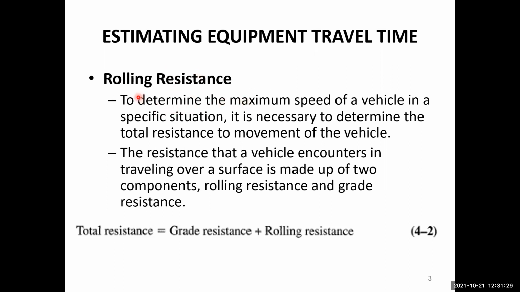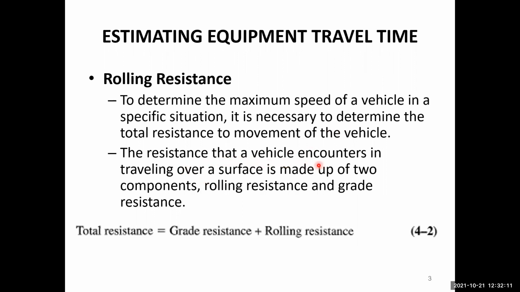To determine the maximum speed of a vehicle in a specific situation, it is necessary to determine the total resistance to movement of the vehicle. Normally these transports will not take place on very good quality paved highways, because construction operations normally take place in remote areas. So rolling resistance, that is the resistance provided by the ground against the traveling motion, may be very important in those situations.